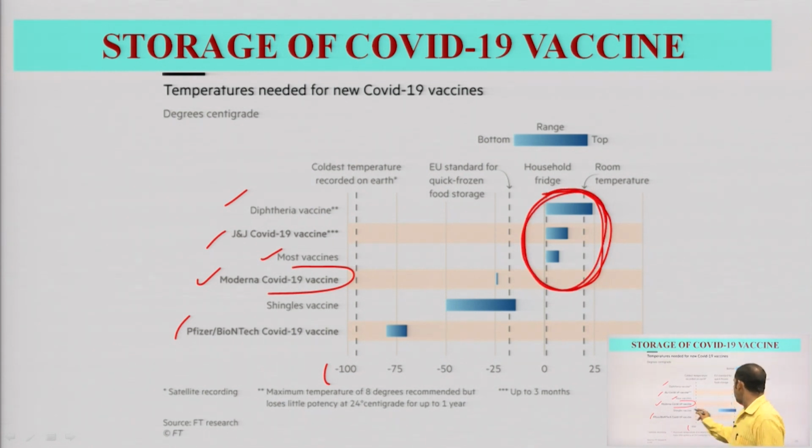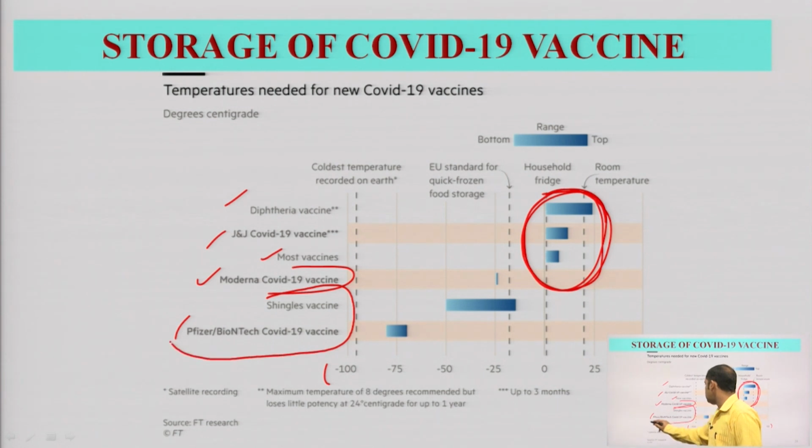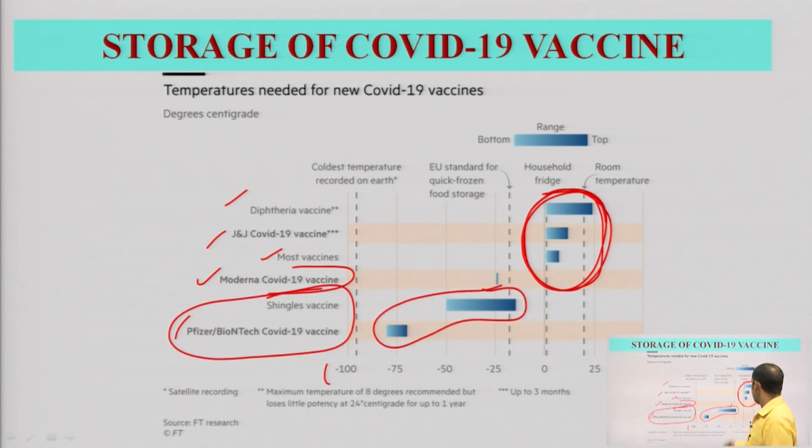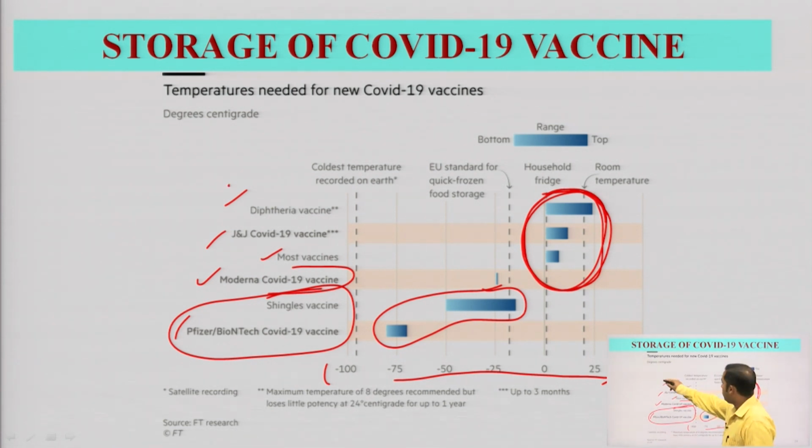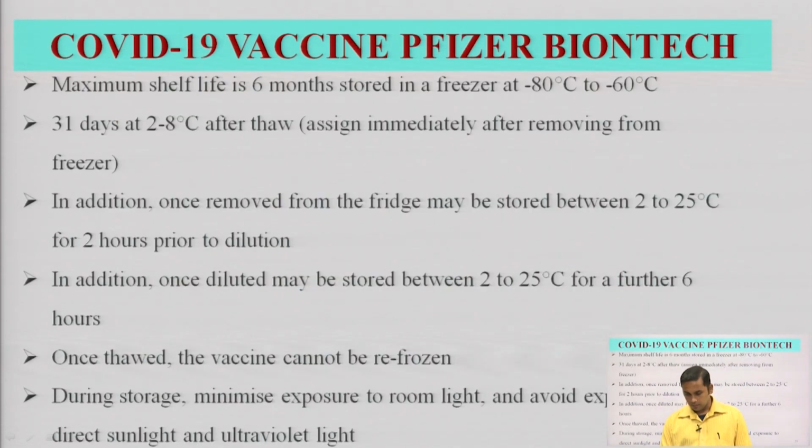Only the mRNA-based vaccines need very low temperature, minus 100 to minus 50 degrees centigrade. So, in a nutshell, we have to maintain almost 0 to 8, that is 2 to 8 degrees centigrade.